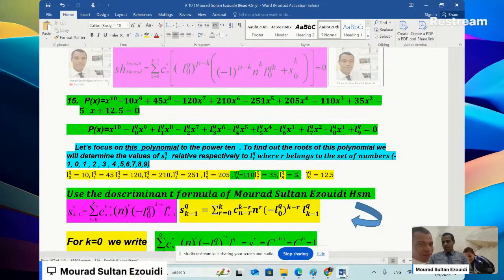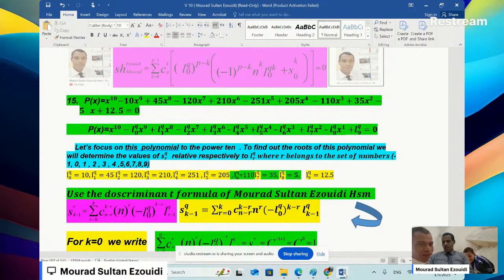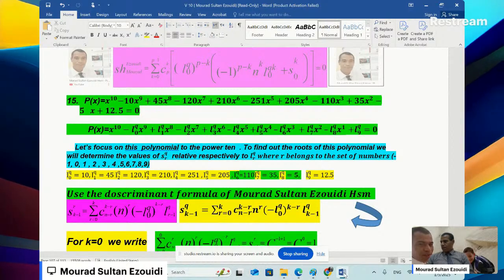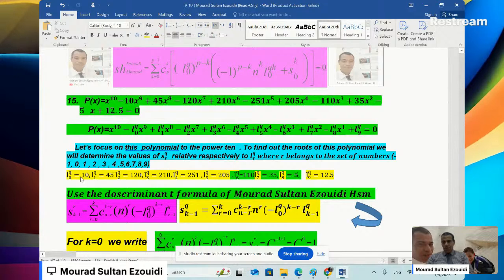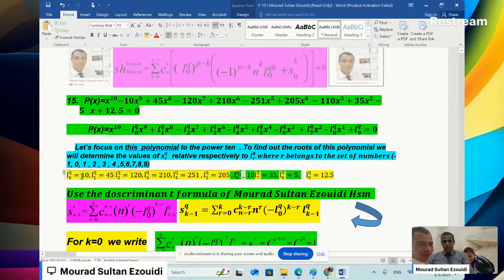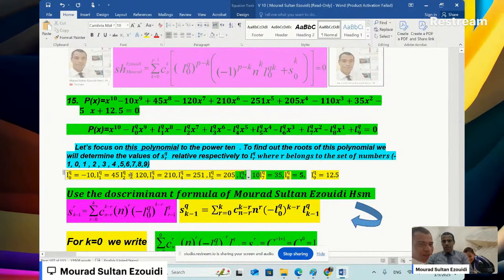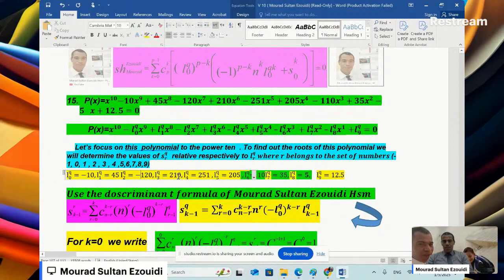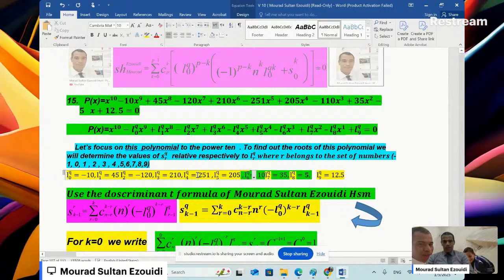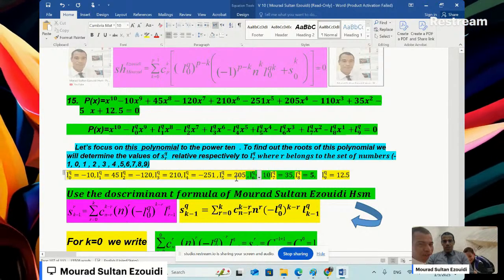Okay, so let's start. Therefore, I'm going to change this one. It will be negative 10. This one, negative 120. This one is 210, correct? This is negative 251. This is 205, correct?